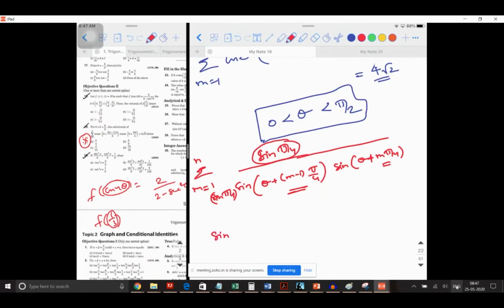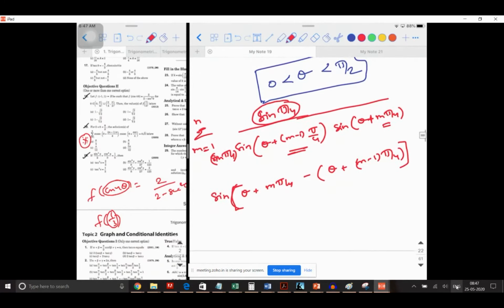Can I write sine pi by 4 like this? Observe: sine of theta plus m pi by 4 minus of theta plus m minus 1 into pi by 4. What I did is I added theta and subtracted theta.